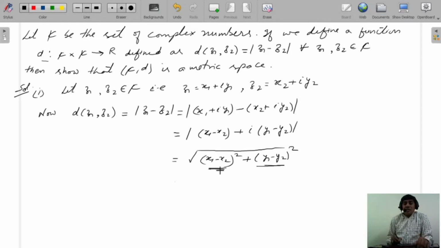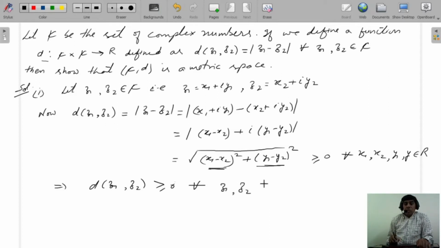This implies under root (x1 minus x2) square plus (y1 minus y2) square is always greater than or equal to 0 for every x1, x2, y1, y2 belongs to R. This implies d(z1, z2) is greater than or equal to 0 for every z1, z2 belongs to C.